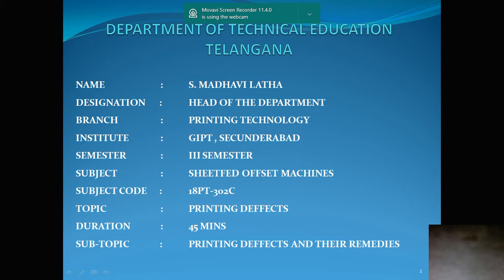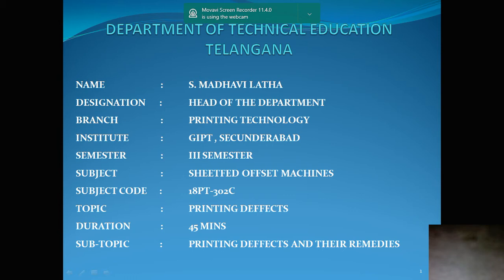According to the functions they do, they are named: feeding unit, transferring and registration unit, dampening unit, inking unit, printing unit, and delivery unit. These 6 units must do their work, and only then will we get a final printout.